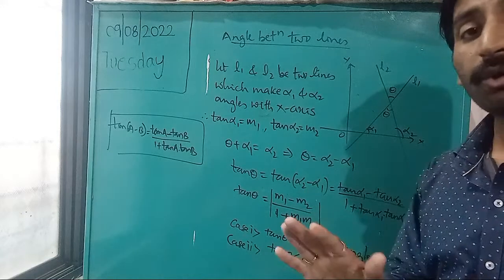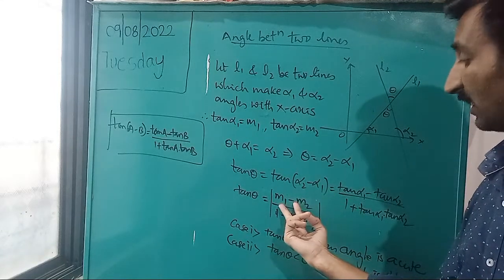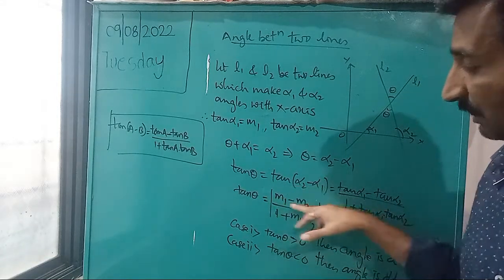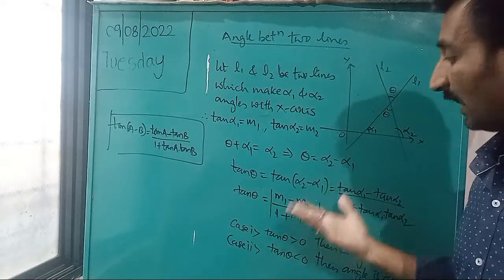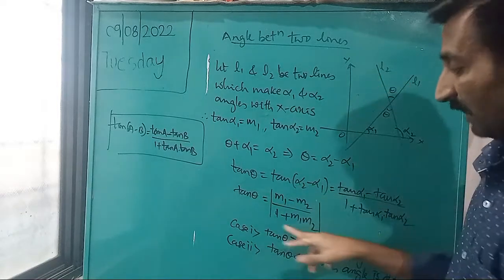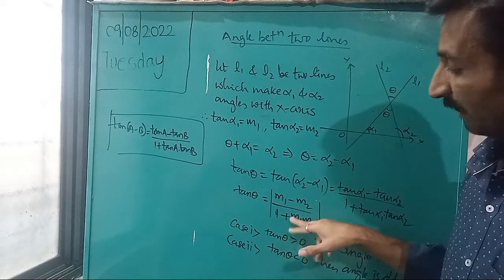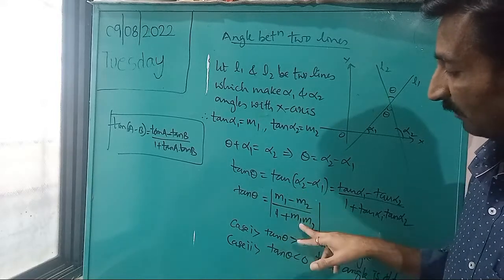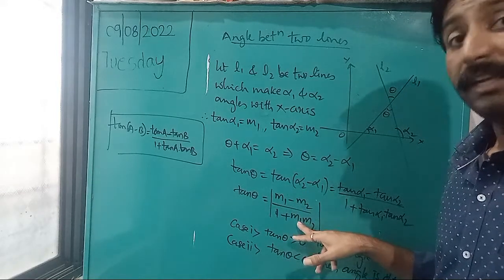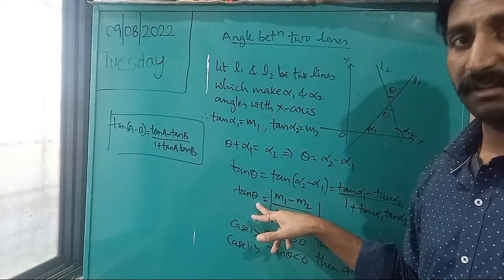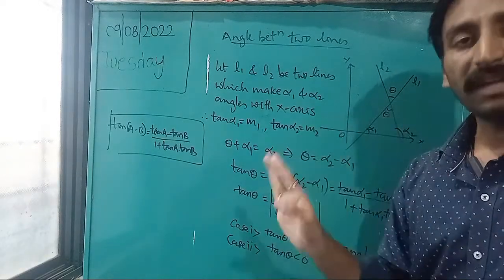And also I told you that whenever these two values are equal, obviously the numerator becomes 0, tan 0 is 0. So the lines will be parallel. Whenever the denominator is 0, a value divided by 0 is infinity. It is possible only when theta is 90 degrees. That is, the angle between them is 90 degrees.